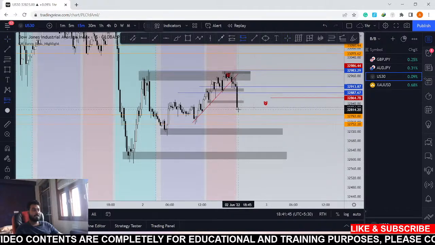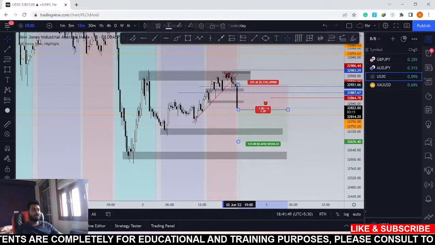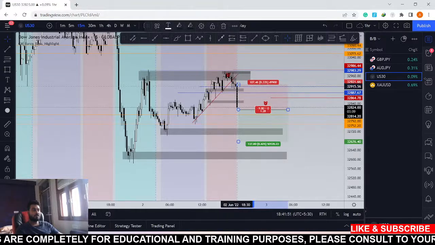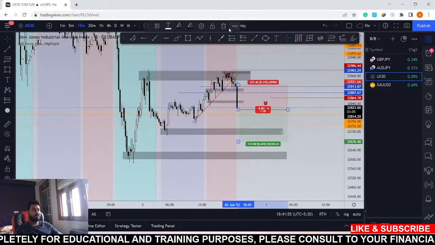I will take the entry, let's suppose at this place. I will mark my resistance somewhere around the closing above the closing of this black and this 15-minute candle.